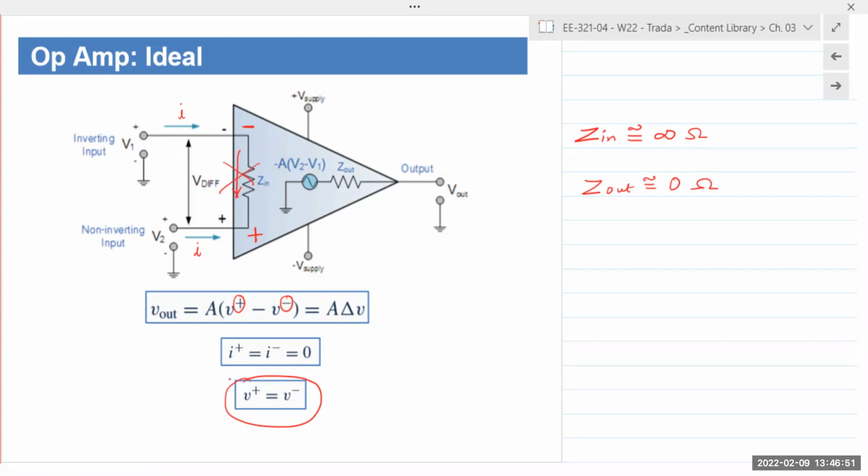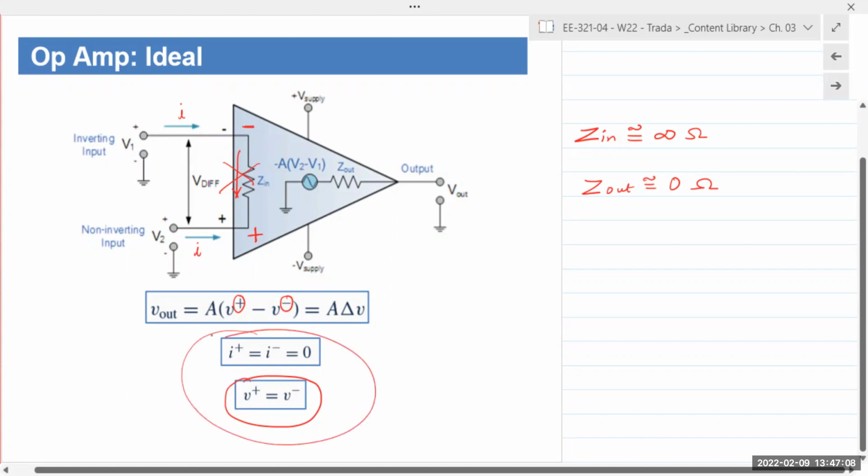Now, there are certain assumptions we make. This is an ideal op-amp. A real-life op-amp obviously will not have ideal impedance. There will be some current that actually goes into the op-amp, but it'll be very, very small. When we analyze the circuit, we will still keep these rules. We will acknowledge these rules and analyze a circuit based on them.